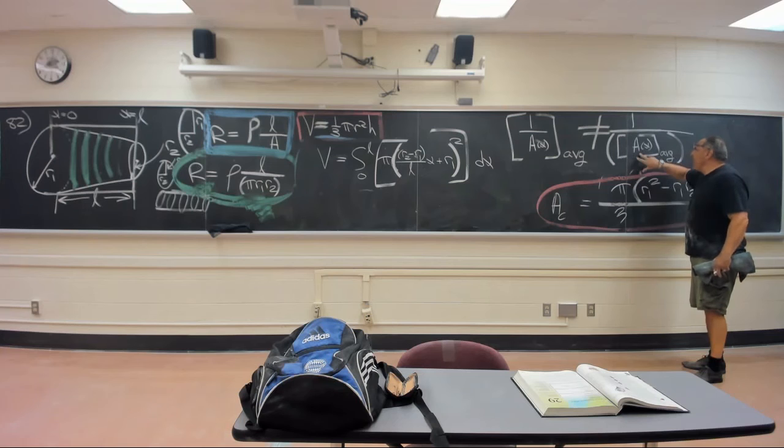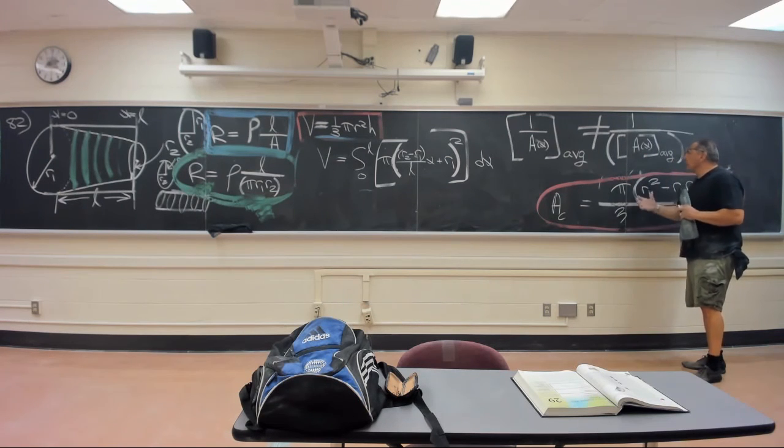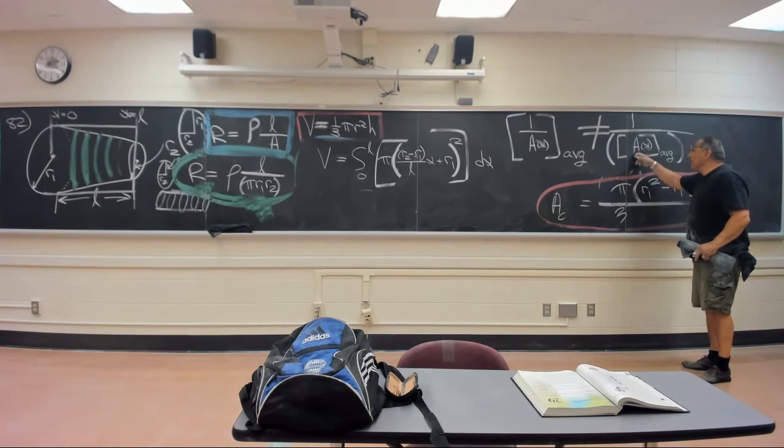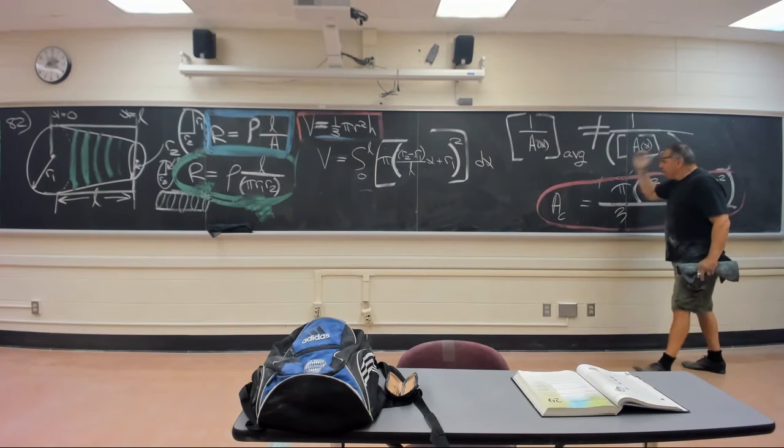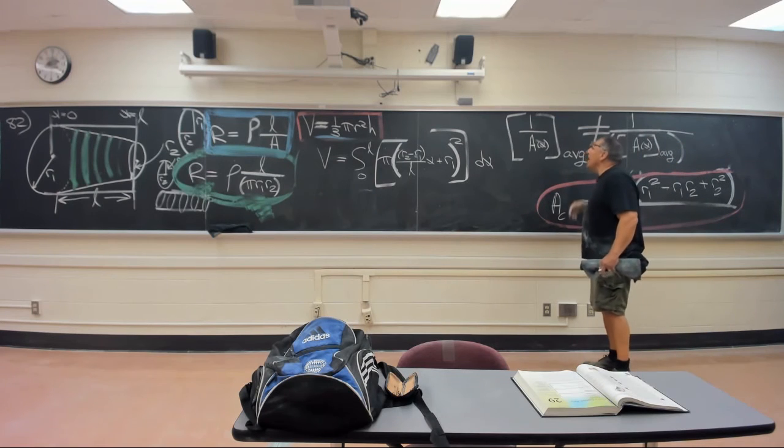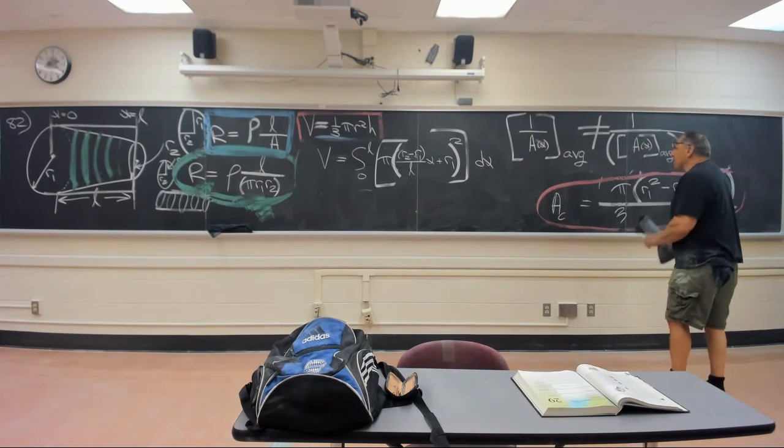If I were to take this function, integrate and divide by the interval over which I was integrating, I'd get the average of the function. 1 over the average of a function is generally not equal to the average of the multiplicative inverse of a function.